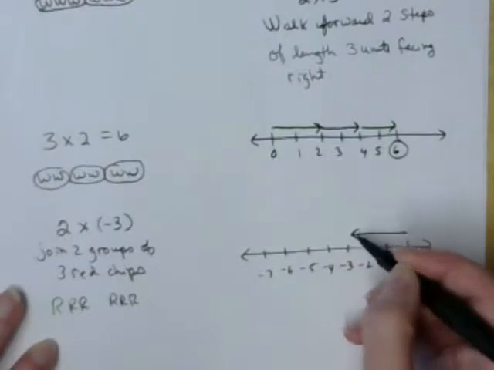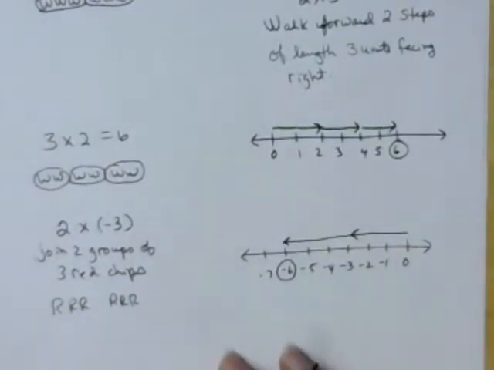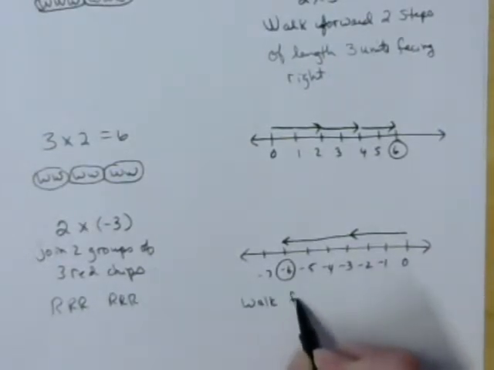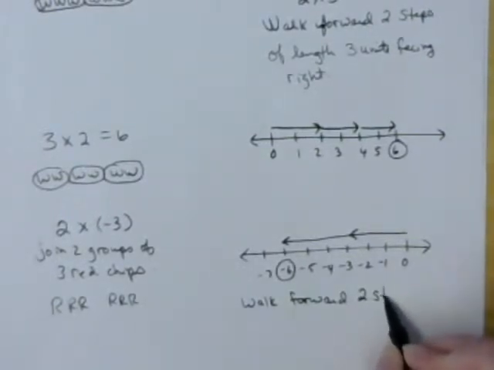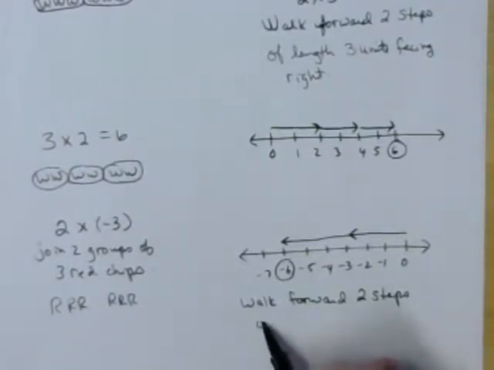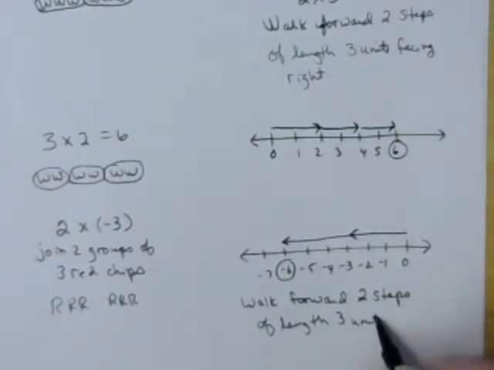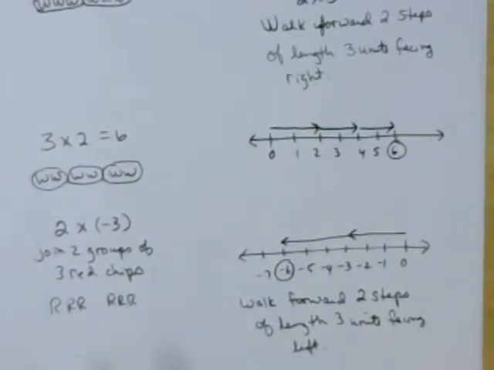So I'm going like this and I'm going like this, and I get to -6. So this would be walk forward 2 steps of length 3 units facing left.